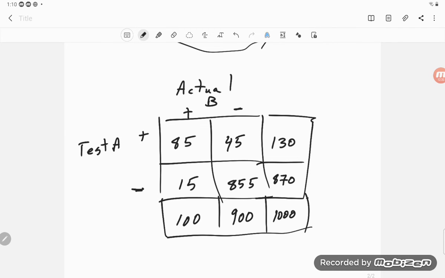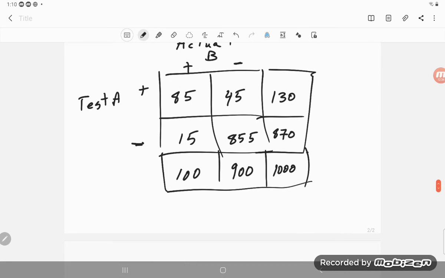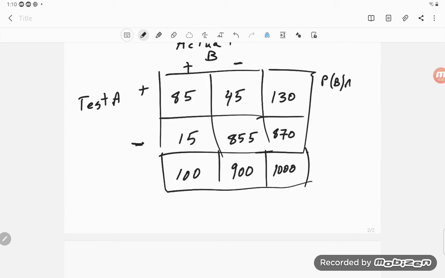Now, if I want the probability of actually having it given a test positive, I actually have it 85, but the test was positive.